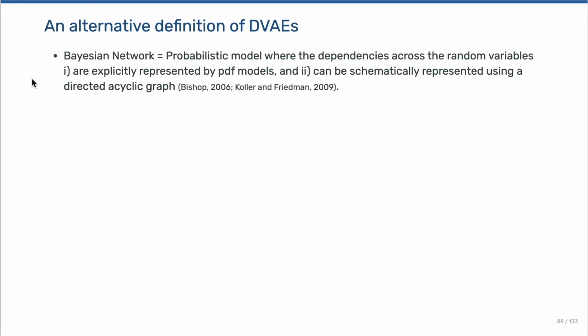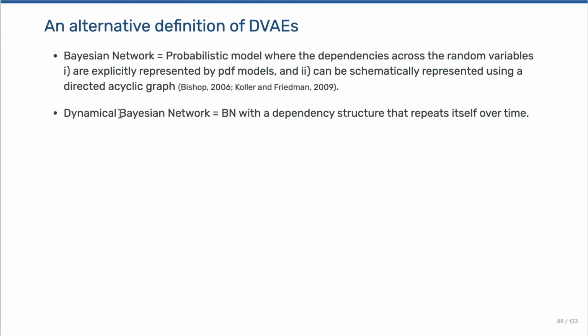I do not have time to describe extensively the Bayesian networks here, but let us just say that a Bayesian network is a probabilistic model where the dependencies across the random variables are explicitly represented by PDF models and can be schematically represented using a directed acyclic graph. Basically, this means that there is no closed loop in the variable dependencies, in which case things would become much more intricate.